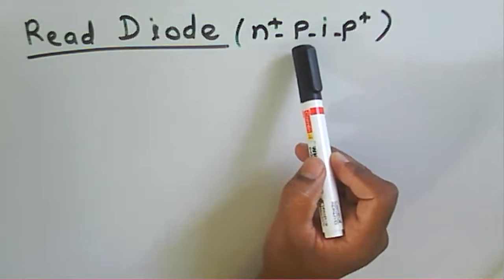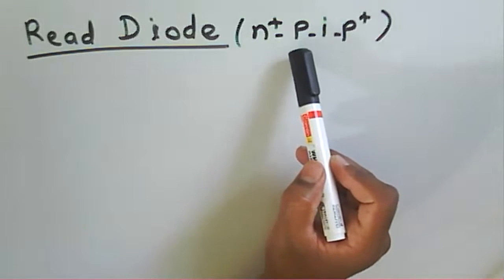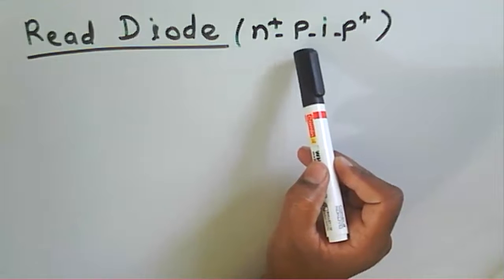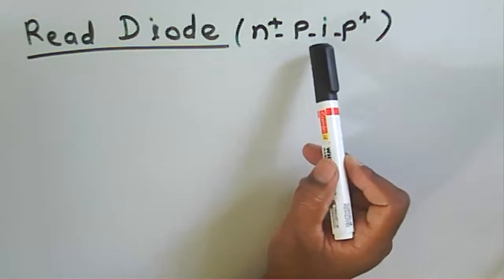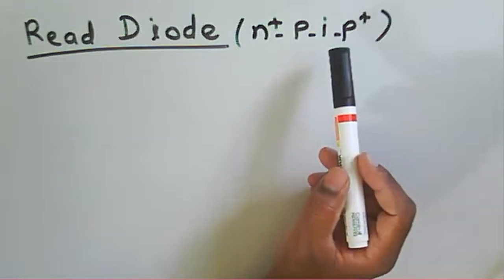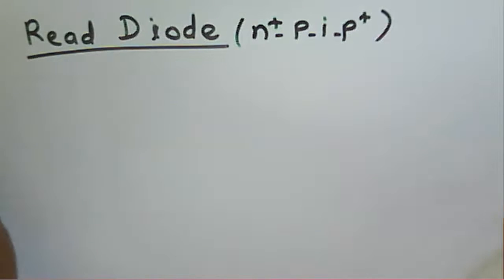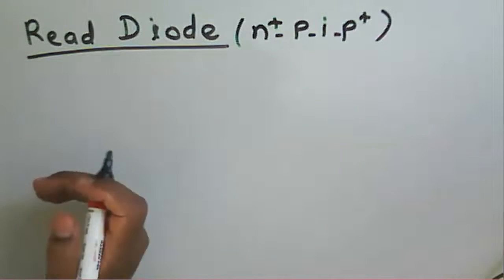This P is not a P plus, only a P, meaning a thin region. So your diode consists of N plus, P, I, and P plus. That is the sequence we are supposed to consider.